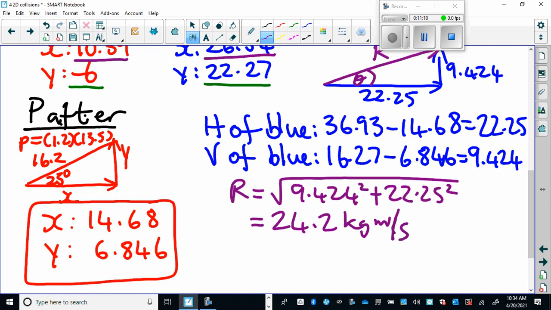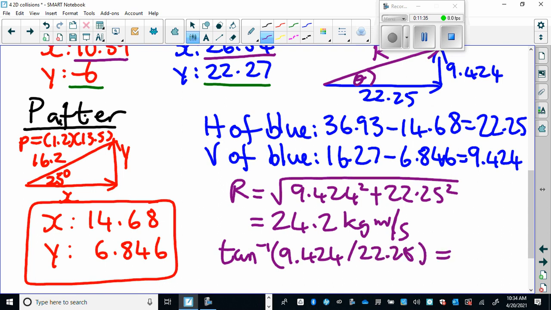And then you're going to use inverse tangent of, make sure you get these in the right order. And if you don't, you'll end up with an unusual answer, or a very big answer. 9.42, it's the opposite. Inverse tangent is opposite divided by the adjacent. So divided by the 22.25. And you end up getting an angle of 23 degrees.